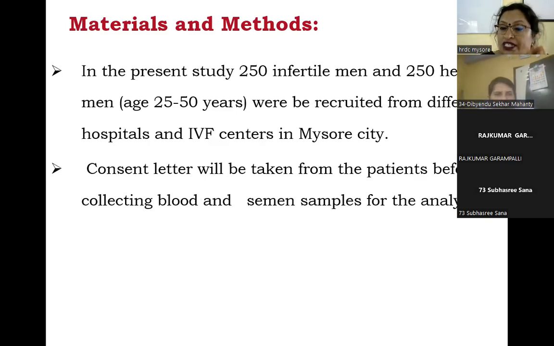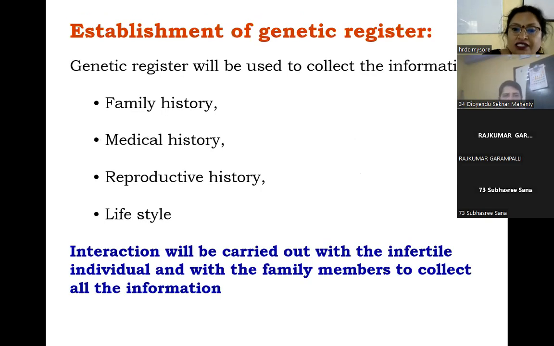In a human genetic study, we have to take a consent letter from the participant. Before that, we have to take ethical clearance from the University of Mysore Human Ethical Committee, and from the IVF centers and hospitals. We have to present our work and get clearance from the hospitals to collect the blood sample and semen sample. After that, the consent letter from the patient is also essential to collect the blood and semen sample for the analysis.